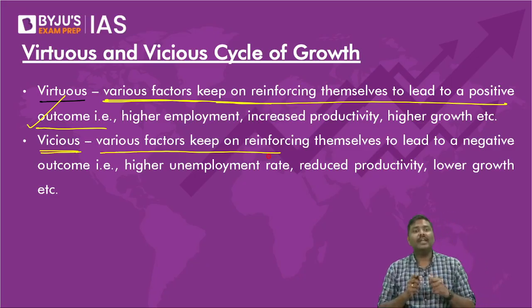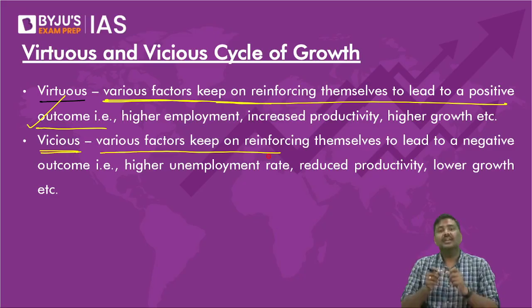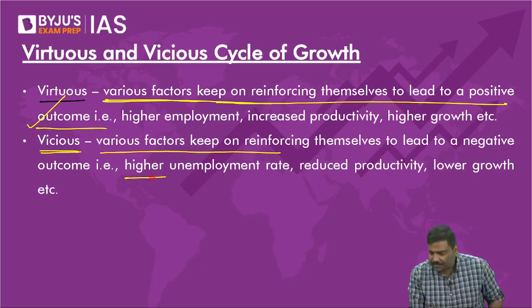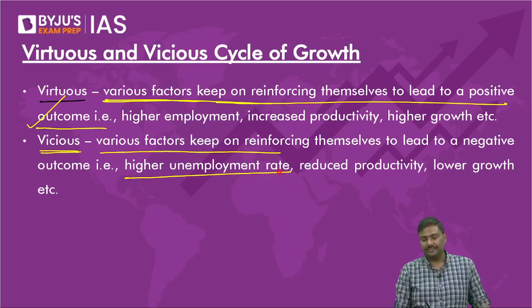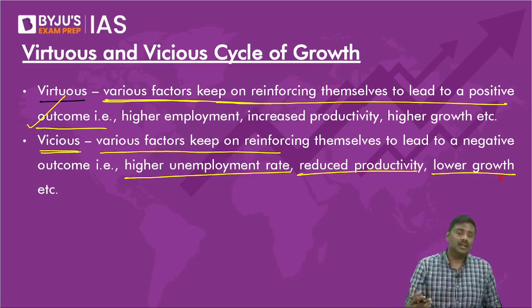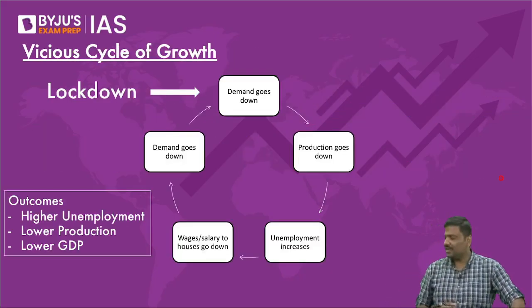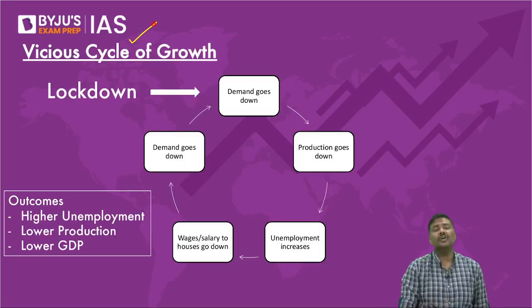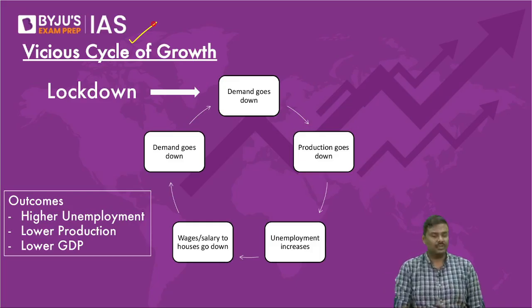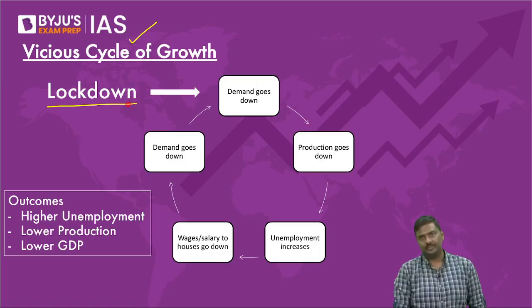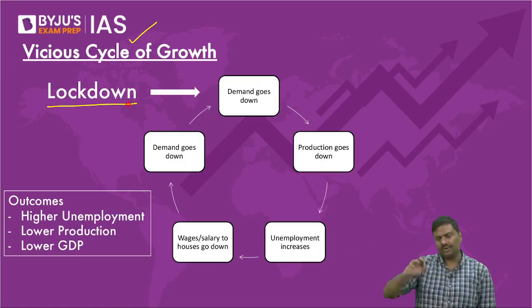The whole economy will experience certain unfavorable outcomes, such as higher unemployment rate, reduced productivity, lower GDP growth rate, lower demand, lower production, etc. Have a look at this. The vicious cycle of growth. What happens in a vicious cycle of growth? I'll take an example. Imagine government has imposed a lockdown.